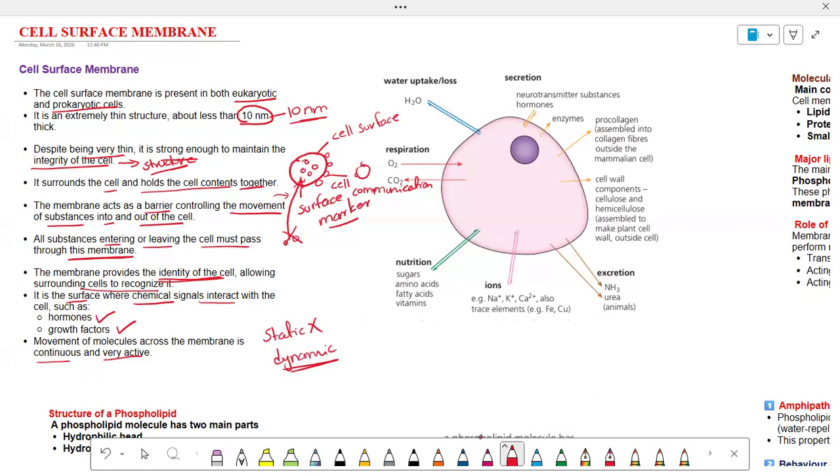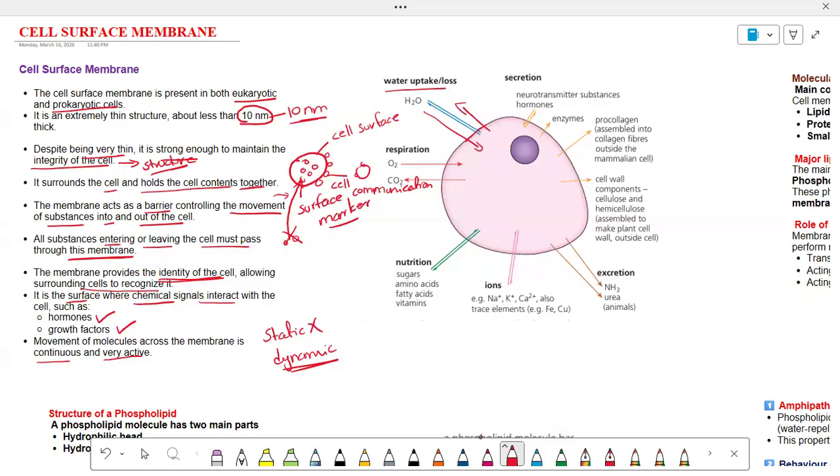And you can see this diagram of the cell surface membrane. Here, different functions of the surface membrane are mentioned, like water uptake, where water molecules move inside and outside of the cells through the cell surface membrane.